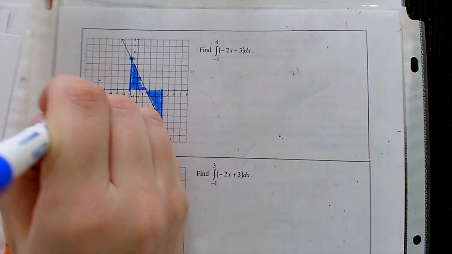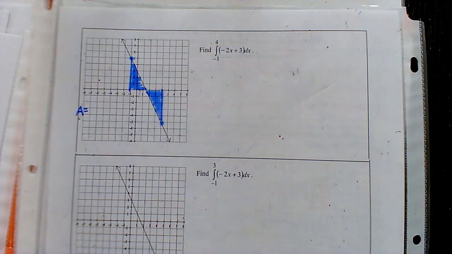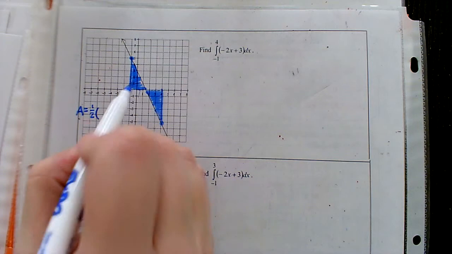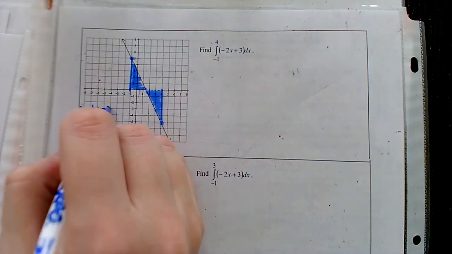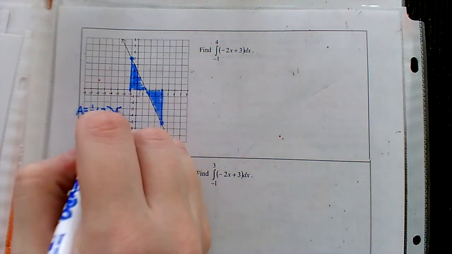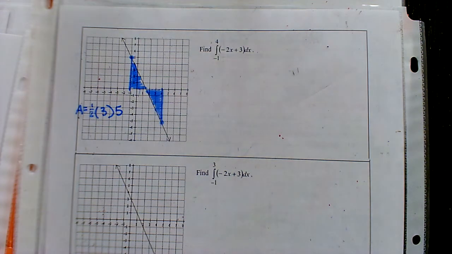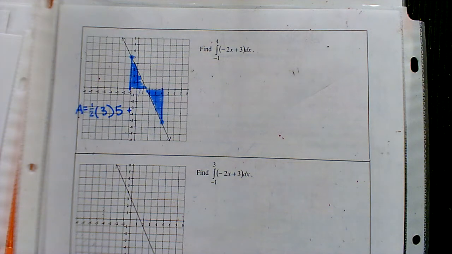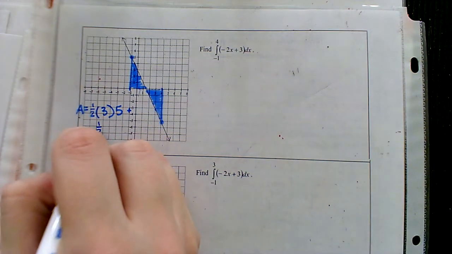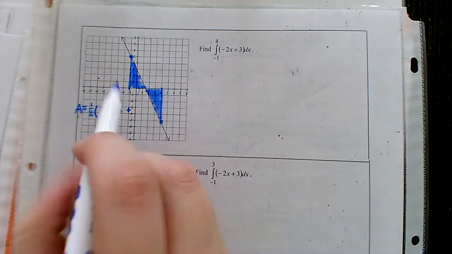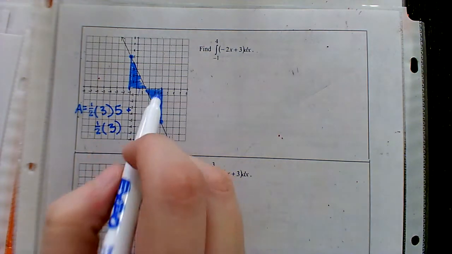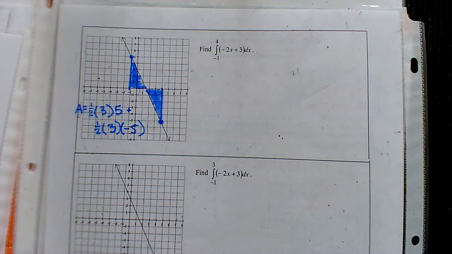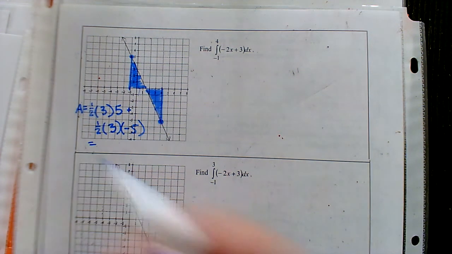Do you remember the formula for a triangle? 1/2 base times height. So this first triangle, the base is 1, 2, 3 units, and the height is 5 based off the graph. But now we need to add the area from the other triangle because we're trying to find all of this area. So the next triangle, the base is also 3 units, but the height is -5, because it's below the x-axis. So what's going to happen when you add all those together?